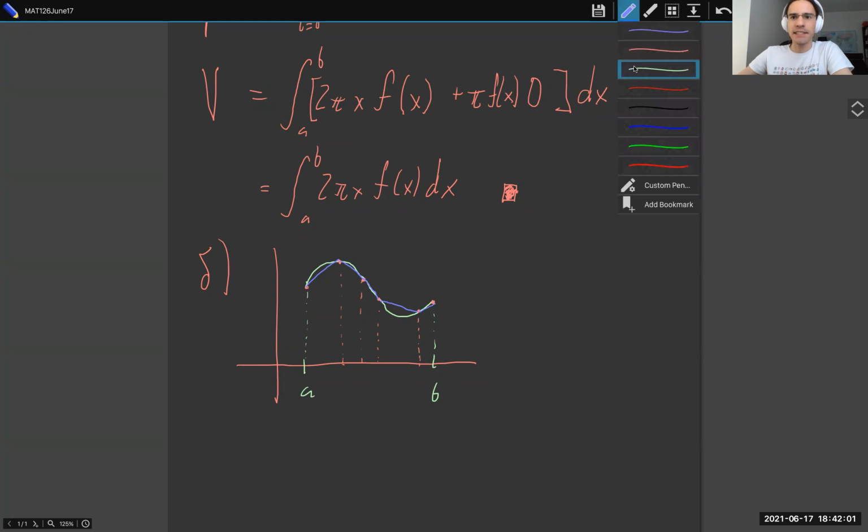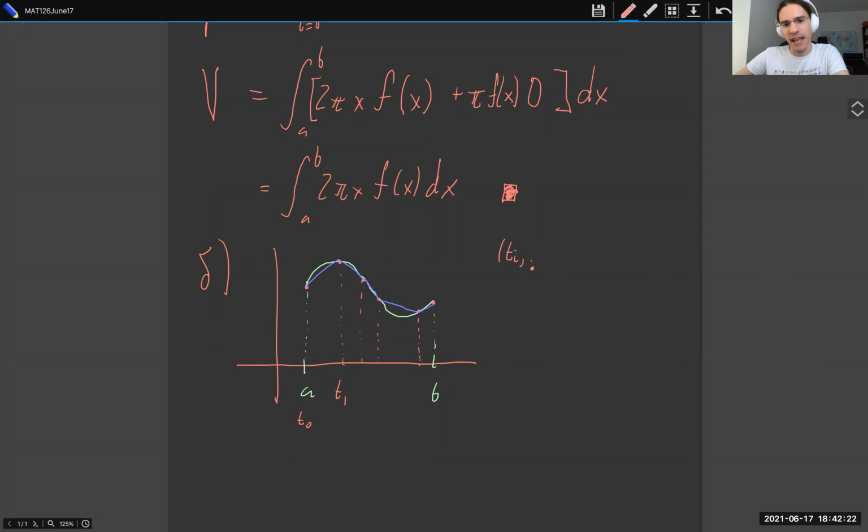And let's say that my points are t sub I. This is t0, this is t1, etc., right? So if I look at one of these individual line segments, then what I have is a point here. This point has coordinates, let's say t sub I, and let's say my function is f, and it's f of t sub I.